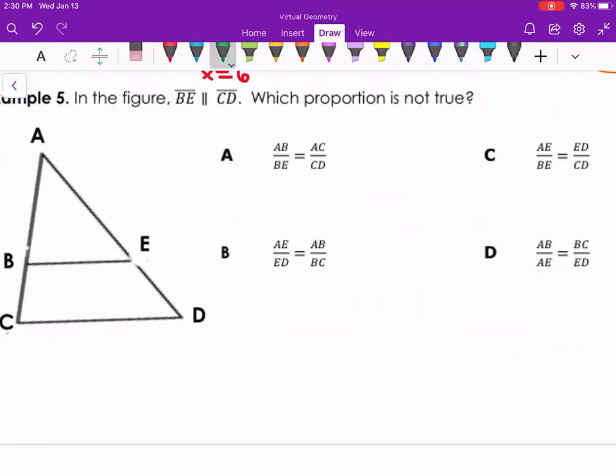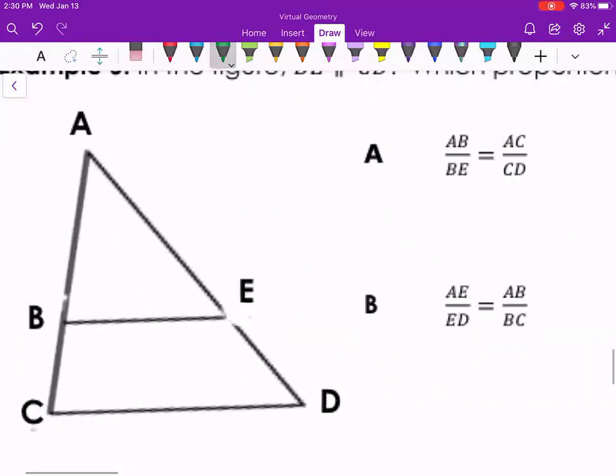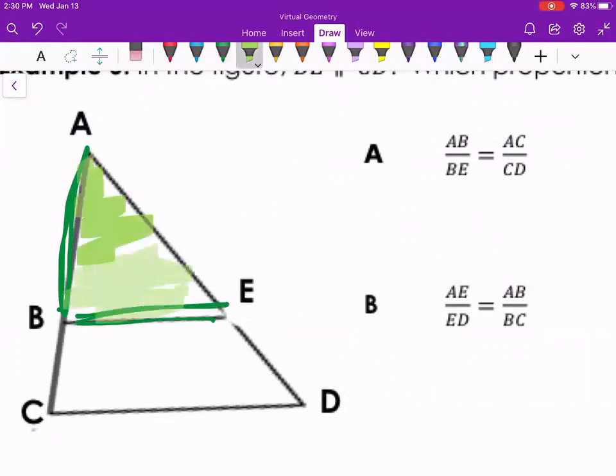So let's see what's going on here. We have AB, so that is this side, over BE. These 2 pieces are coming from the small triangle. You're looking at the left side of the small triangle and the bottom of the small triangle, so we're comparing left to bottom.